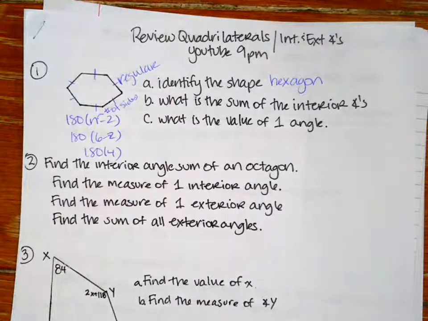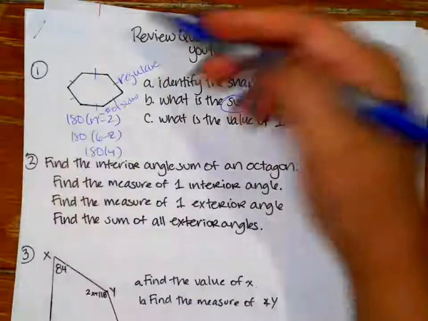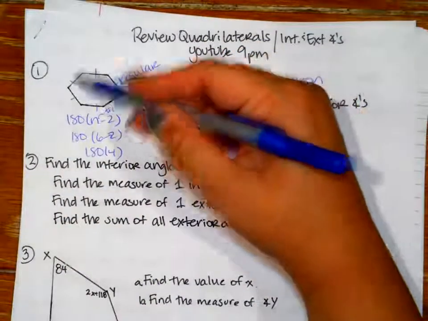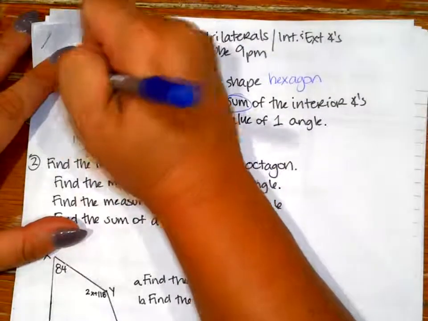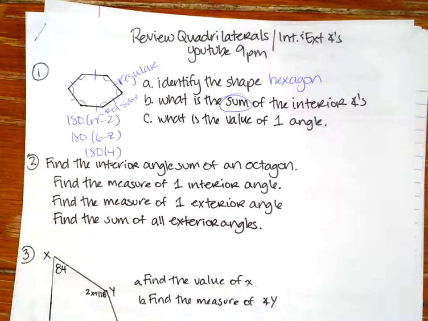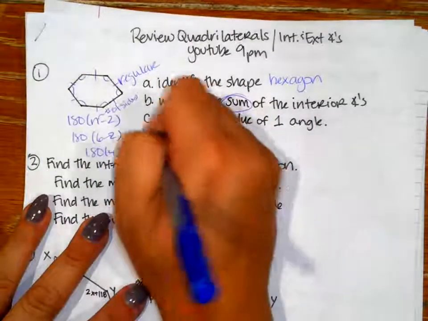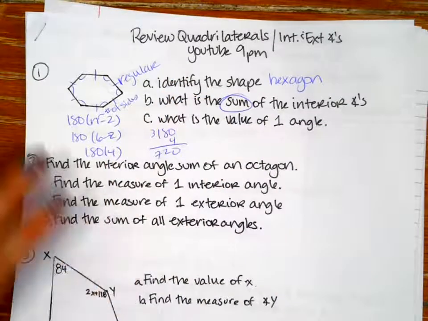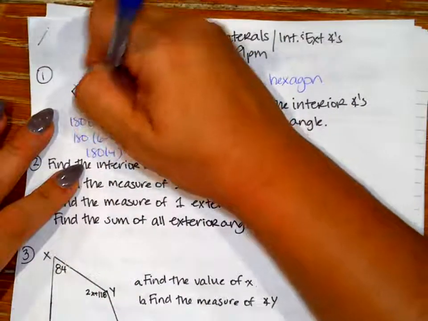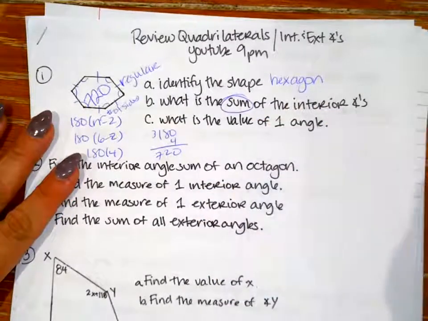That's how I find the total. I want all of them together. This plus this plus this plus this plus this plus this. I want all these little angles in here. And they're all the same because it's regular. So 180 times 4 gives me 720. So this whole guy up here is 720. That's the sum of all of the interior angles.